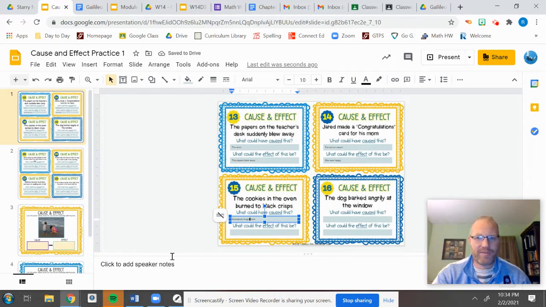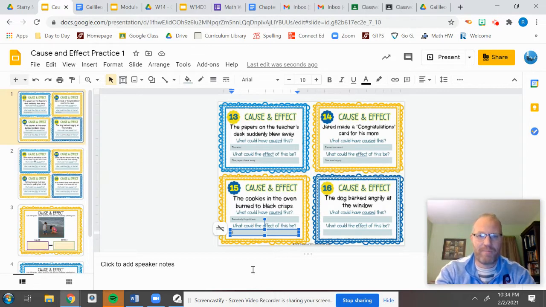There's not really a way to make it bigger either. So you're just going to be doing your best with it. Obviously, I understand that that's a problem. What could be the effect of this? So, what's going to happen now that we know that the cookies in the oven burned? No one will eat them. Maybe they get thrown out. So, there could be a few different things that happen there.